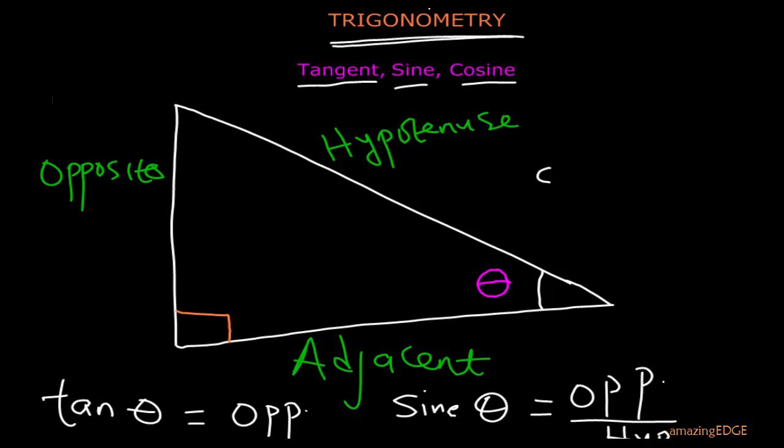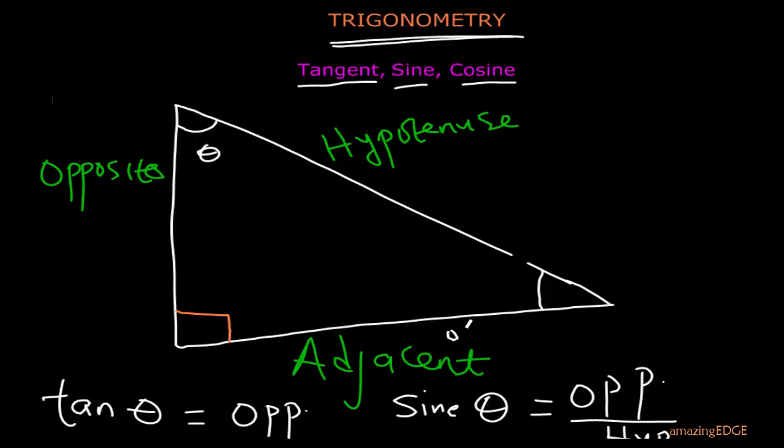Another thing to note is we can also be given other triangles. For instance, if I decide to change the position of theta, supposing I have theta here, that means this place will no longer be adjacent. Like we said, the side that is facing the angle will become opposite.